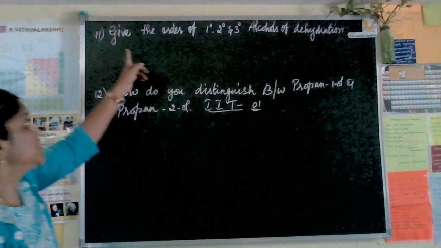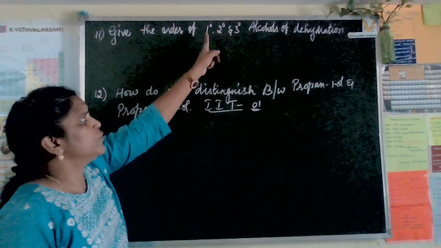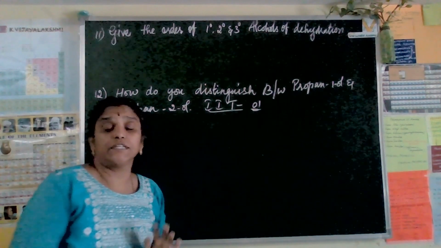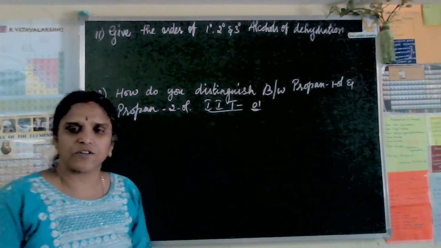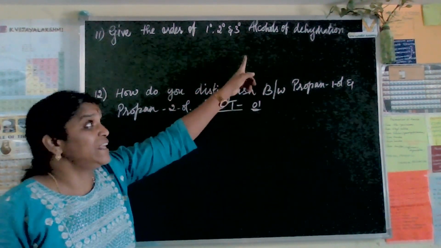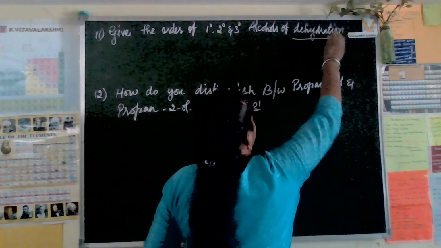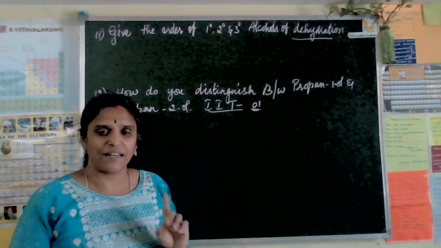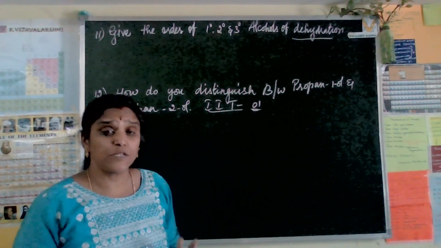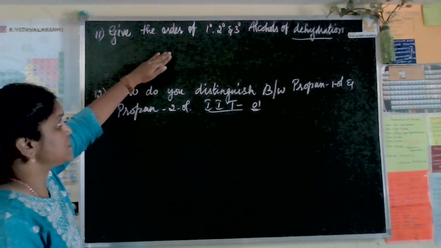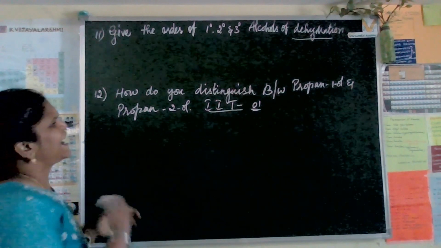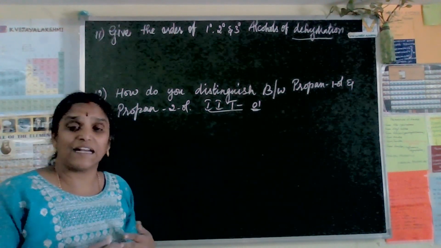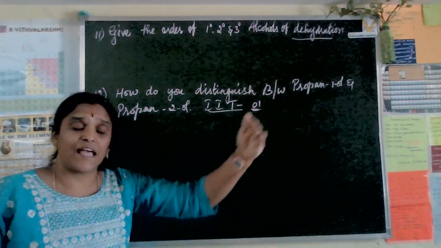The next question: give the order of primary, secondary, and tertiary alcohols in dehydration reactivity series. They ask the dehydration question a number of times, so you will get an idea of the weightage and where you have to concentrate. The order is tertiary, secondary, and primary.